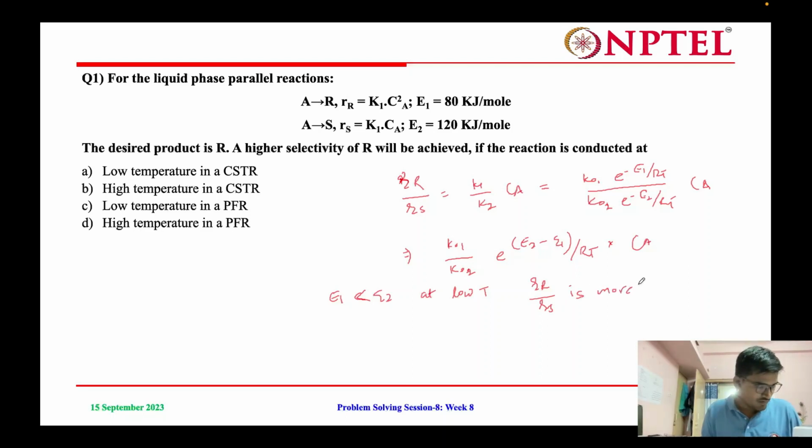Hence we get more rate of R than rate of S. So we should have low temperature and high CA, right? To maintain the high CA, the PFR is required. So option C is correct.